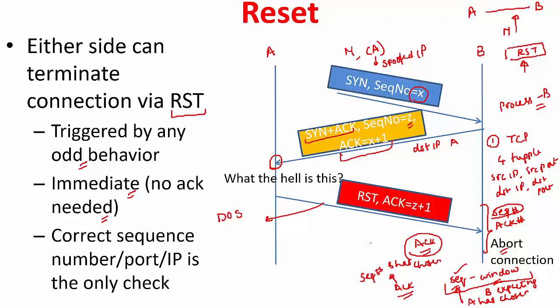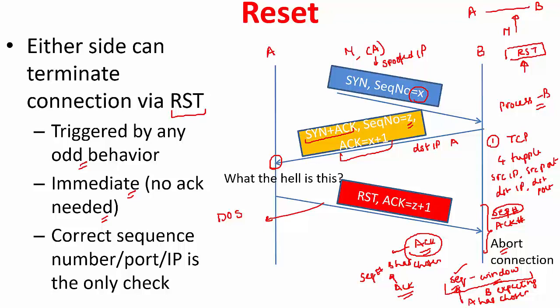Even if you choose an ACK value that doesn't fall in the window, depending on the implementation, this reset can still work. Some implementations also insist that ACK also fall within the window. Some implementations don't care about it. So depending upon the implementation, whether or not the reset packet will be accepted will be decided by that.